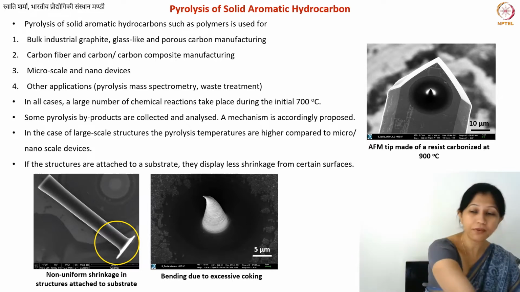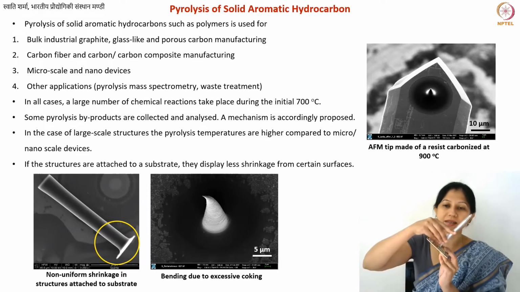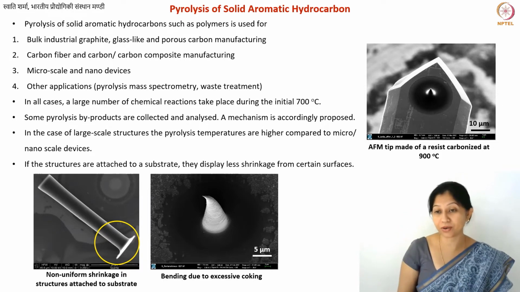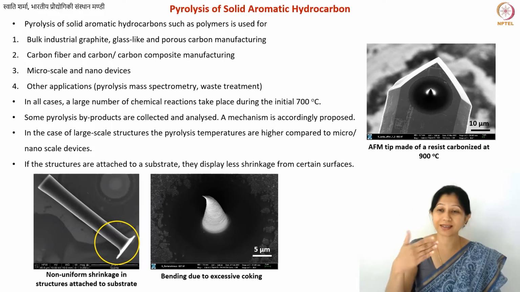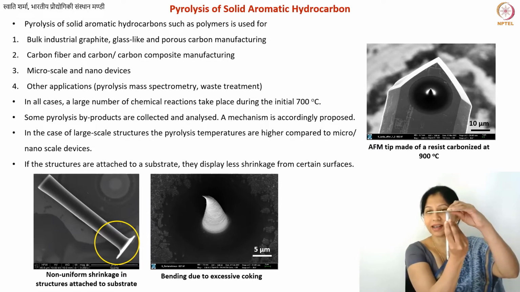So we made a tip, and we placed it like this inside the furnace. What would that do? Well, if the material goes through a liquid-like or semi-solid phase, you will get certain bending, which you can clearly see in this structure. And what is the solution to that? Next time you place it like this inside your furnace.